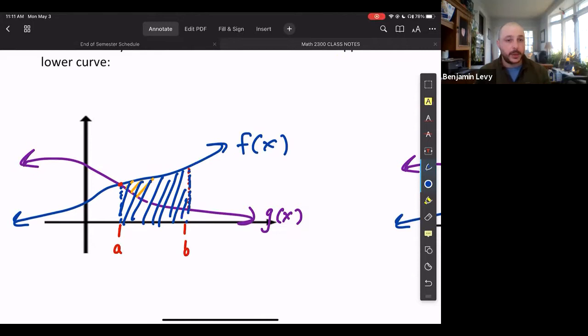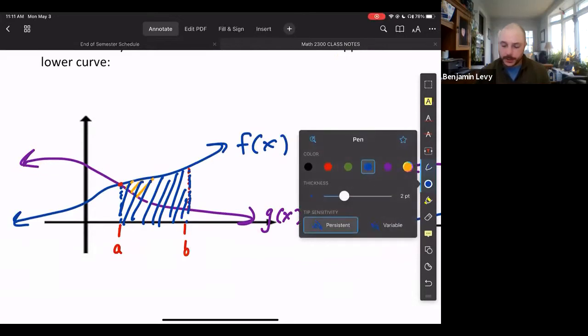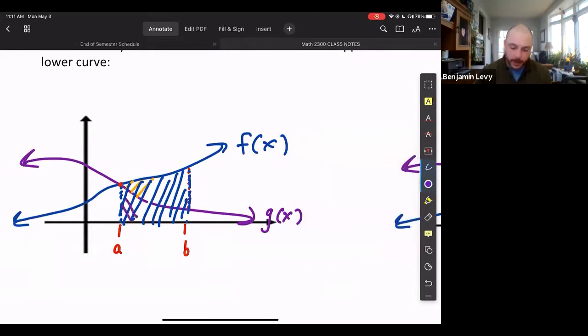That's why I'm doing it in blue. And then we're going to subtract off what's under G. So we're going to subtract off this purple part that I'm adding in.